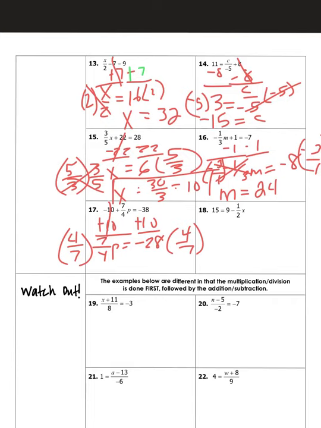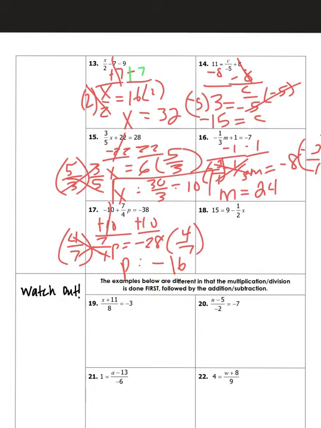Negative 28 times 4. Well, 25 times 4 is 100, and 28 is 3 more, so that's 112. Divided by 7. All right, so these cancel out. P equals negative 16.